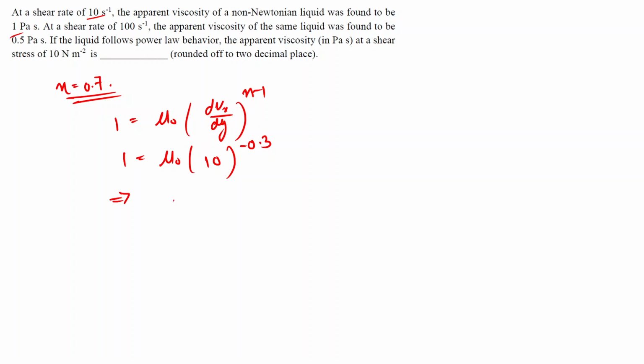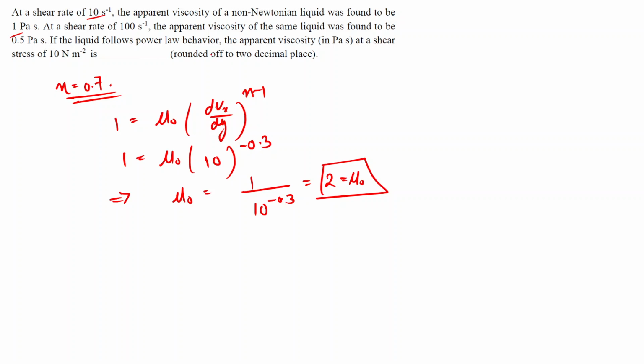From here we will get the value of mu naught as 1 upon 10 raised to minus 0.3. This will come around 2. The value of mu naught is 2.